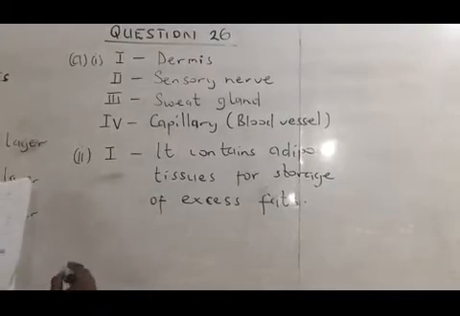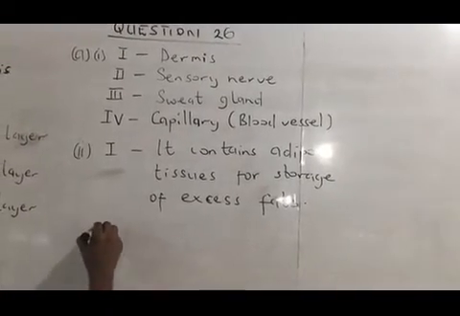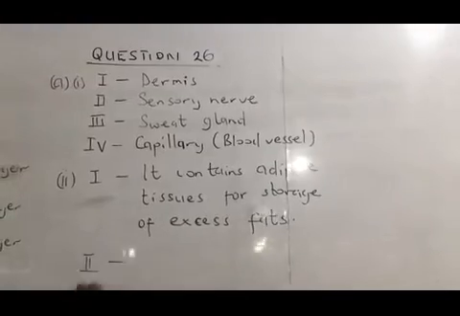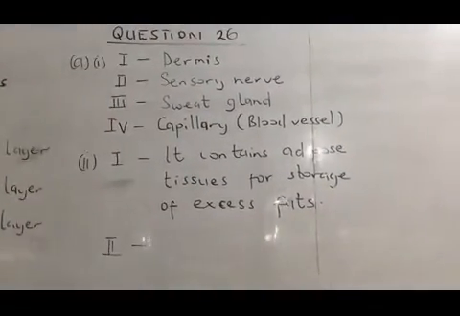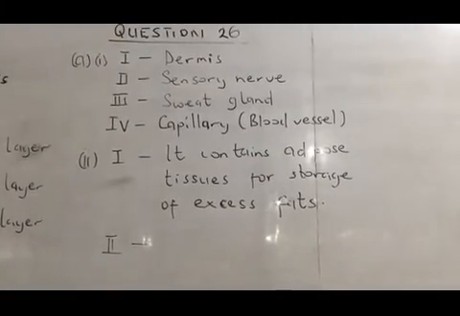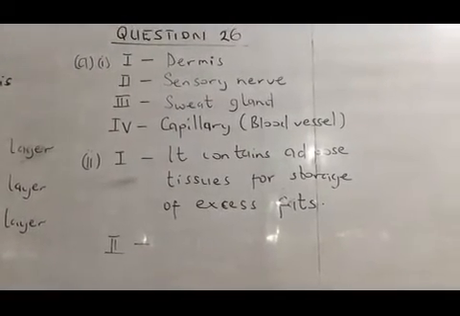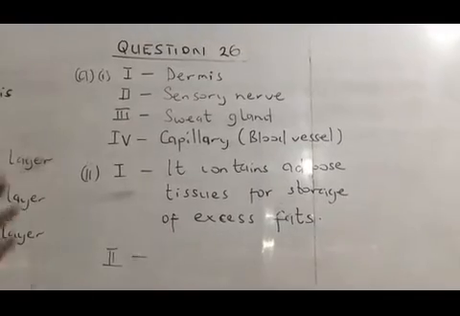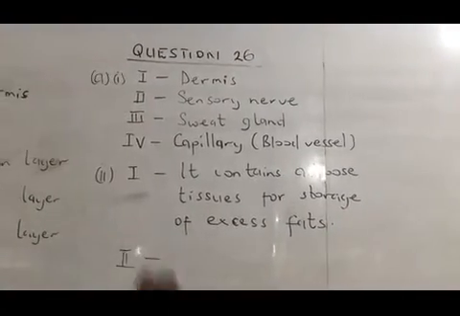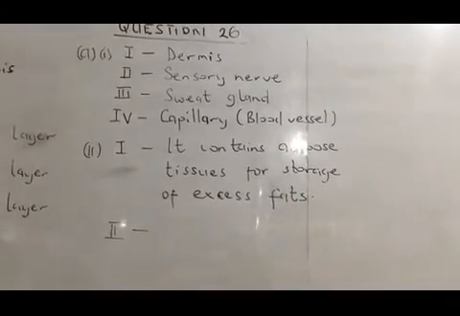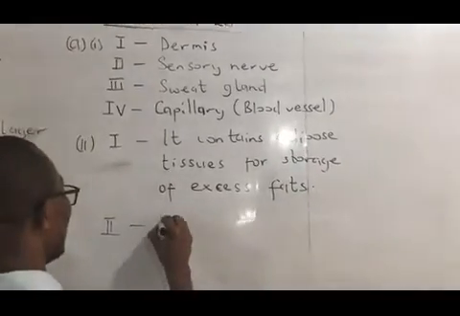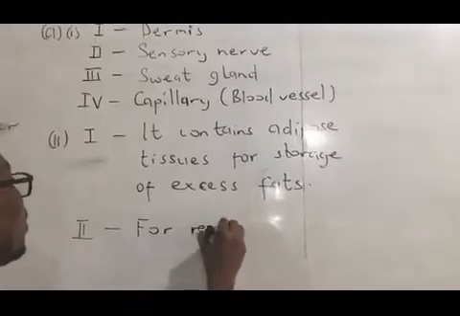Then the function of the part labeled II. II is the sensory nerve. So that's for receiving stimulus. If your body is responding to changes in the environment, what detects the stimulus is the sensory nerve. So for receiving stimulus and transmission of impulses.